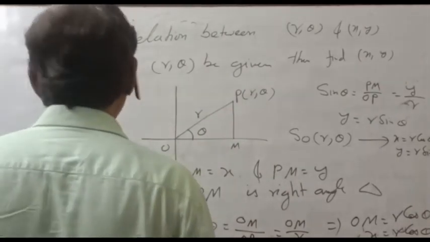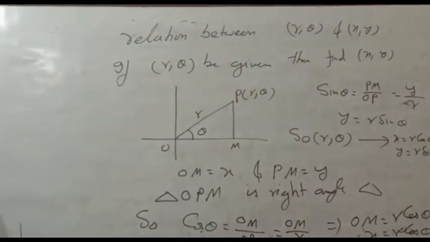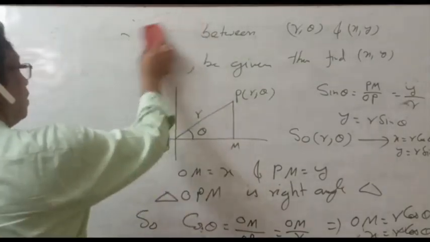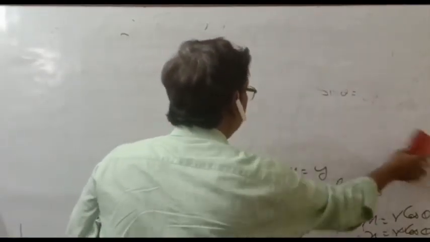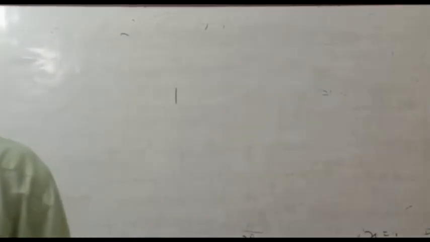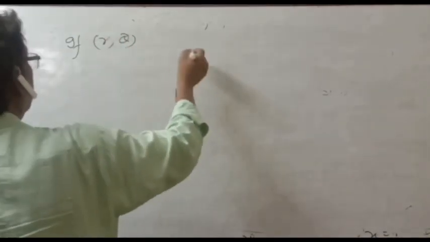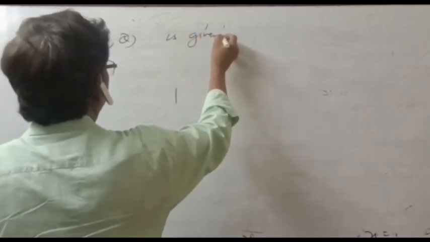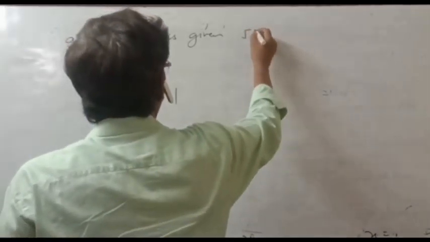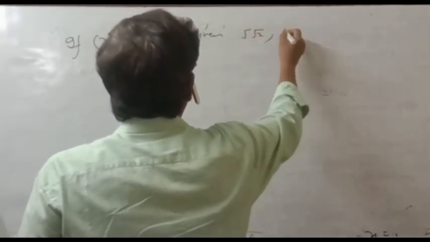For example, if r and theta are given as 5 root 2 and pi by 4.